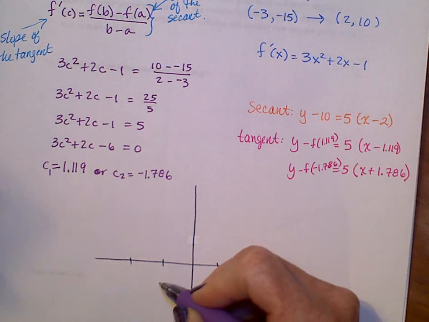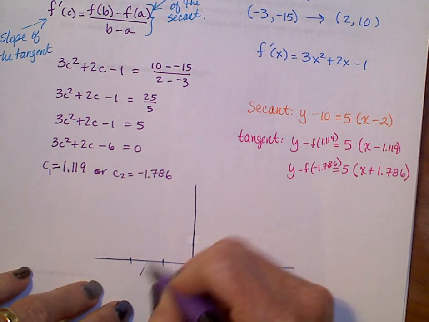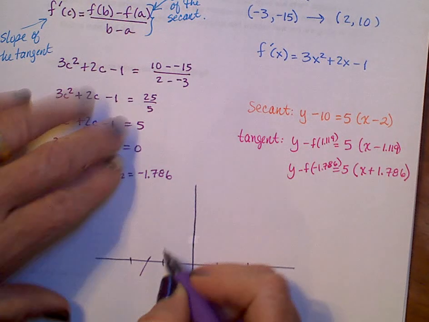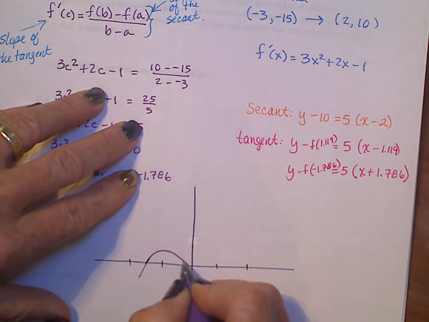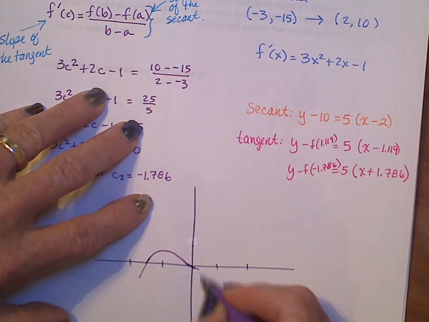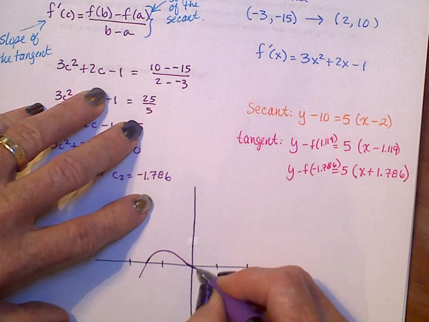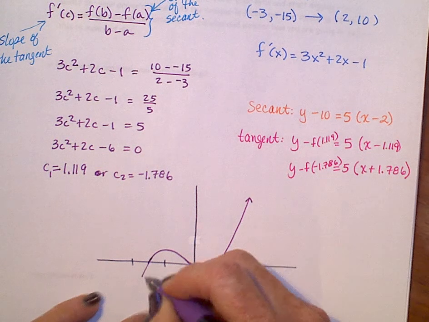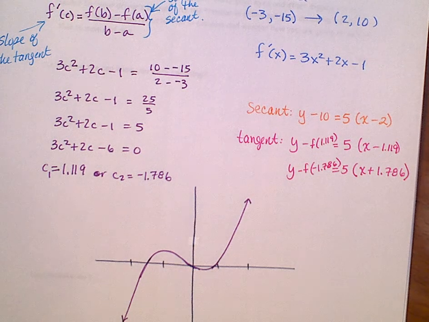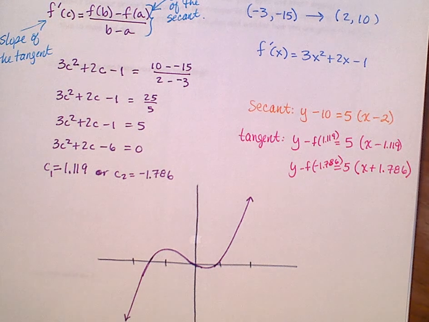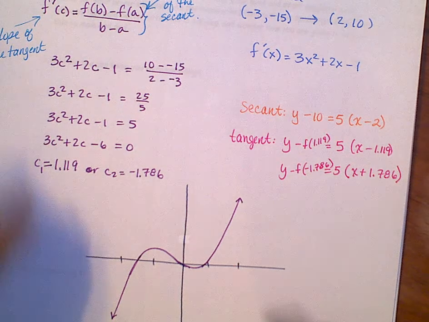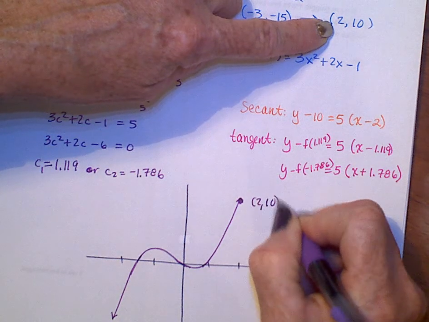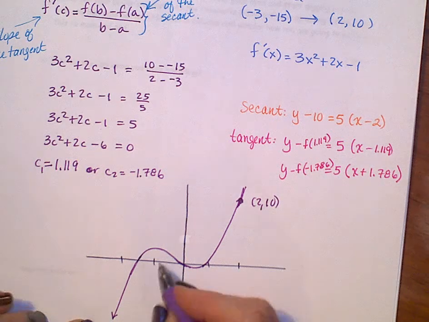Looks like it crosses between 1 and 2 here. And it's going to come up, cross down here again at 0, 0, and come back up just a little bit before 1, I believe. And it looks like that. Okay. The endpoints of our interval, we had one at 2, 10 and another one at negative 3, negative 15.